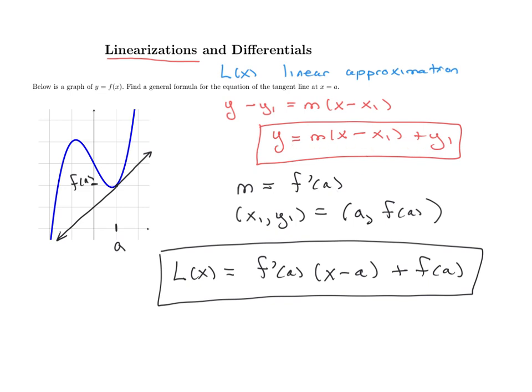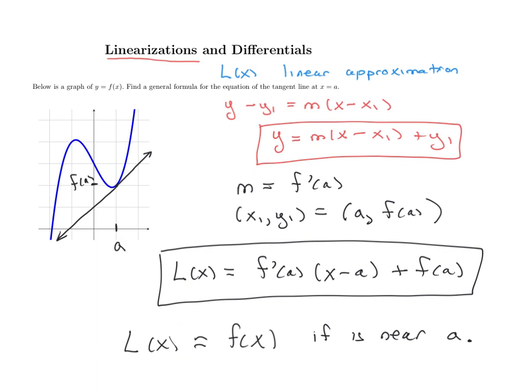So what's the reason for this new terminology? The reason for it is your linearization and the actual function itself are approximately equal to each other if x is near a. So that means if you're relatively close to a, the difference between the actual function and the linearization is very small. In fact, if you want to estimate your function, you could instead put it into this formula.